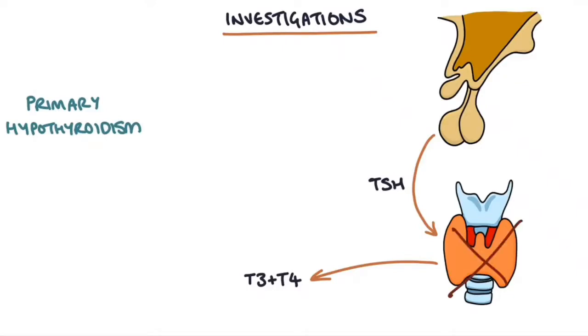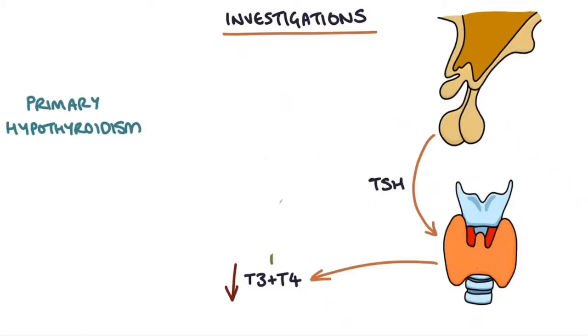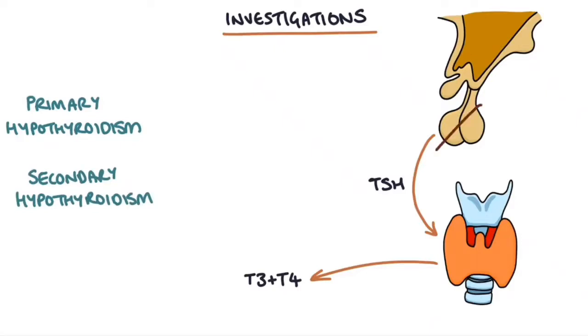So the thyroid hormones like T3 and T4 will be low, and the TSH level will be high, because there's no negative feedback to the pituitary gland, so the pituitary produces lots of TSH to try and get the thyroid working again. In secondary hypothyroidism, it's caused by pituitary pathology, and that results in a low production of TSH. So TSH will be low and the thyroid hormones will be low.